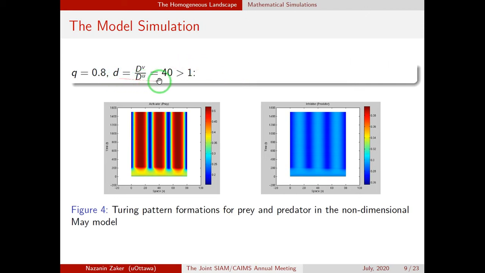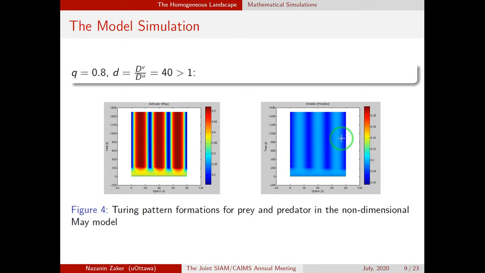Here I'm focusing on these two parameters, Q and D. Q makes sure that we have an activator in our system, and this ratio should be greater than 1 and greater than that critical diffusion to make sure that we have enough movement. Based on the numerical simulation that I've done, we get pattern formation for our prey, as we see on the left side, and for our predator on the right side. We could discuss more details about the critical wavelength and so on, but we do not have enough time to discuss such details.